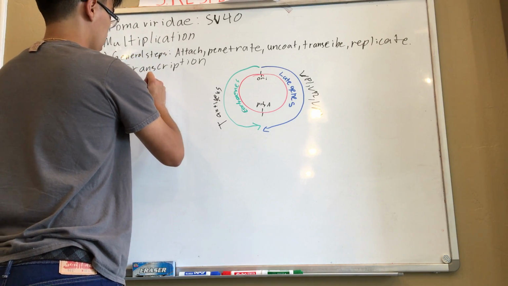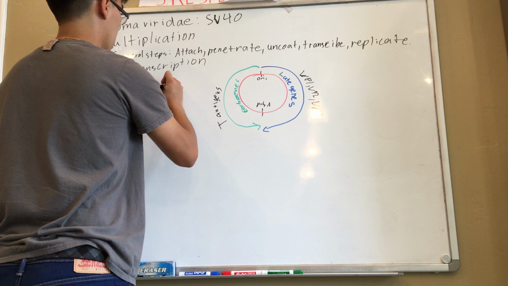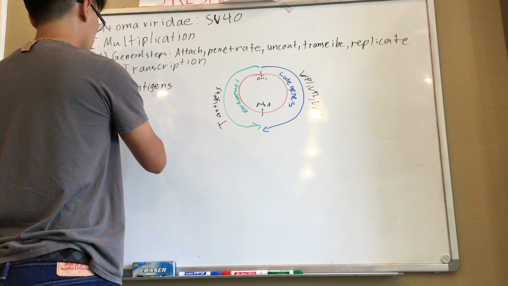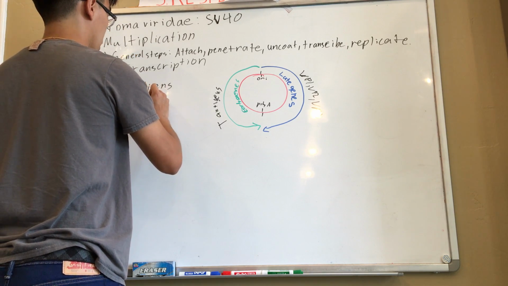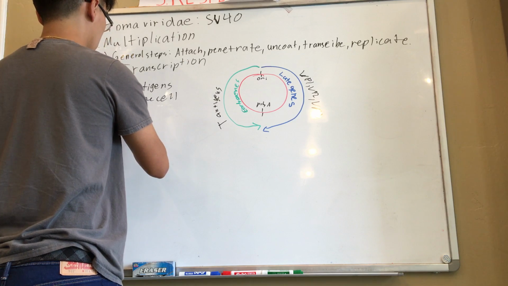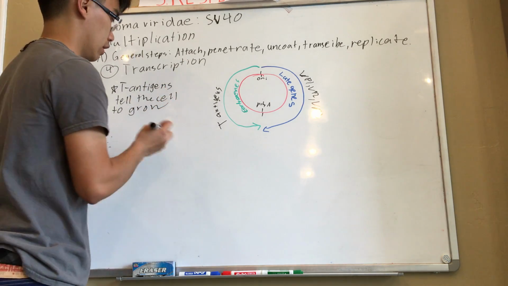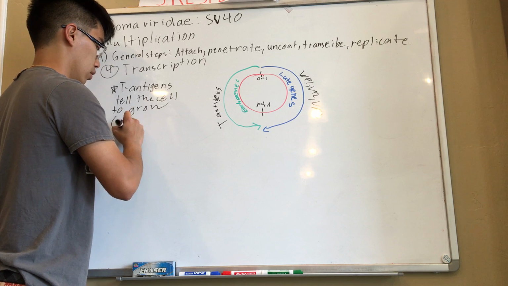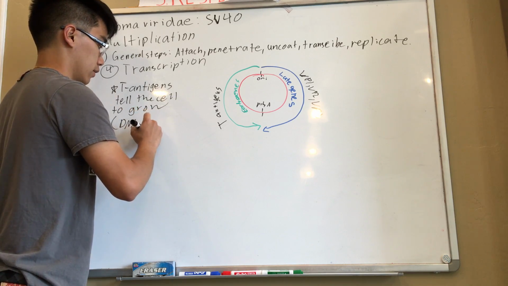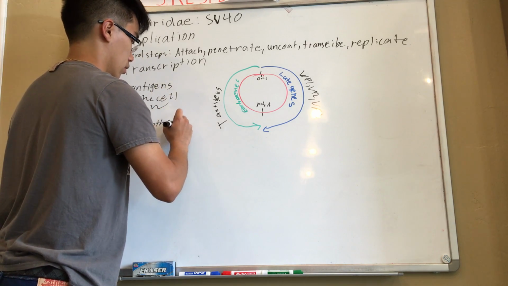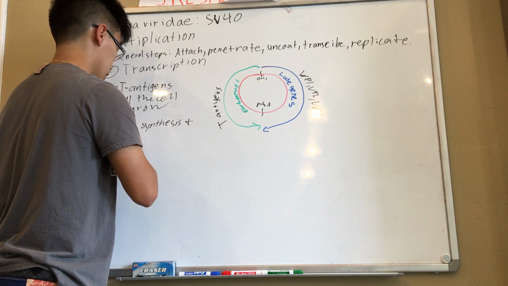Now T antigens tell the cell to grow. And when we say that a cell grows, there will be DNA synthesis and protein synthesis.